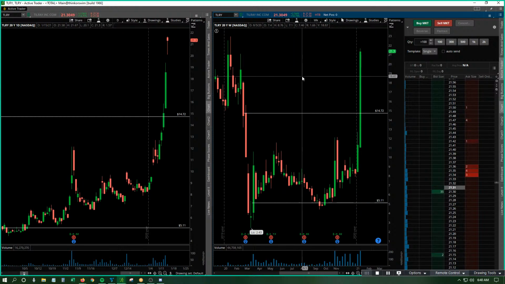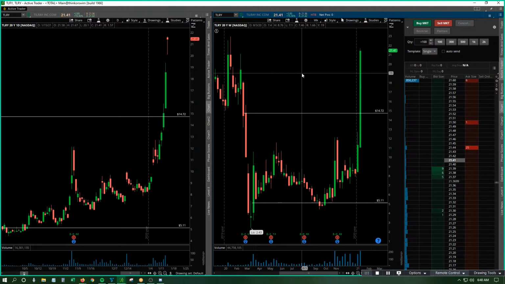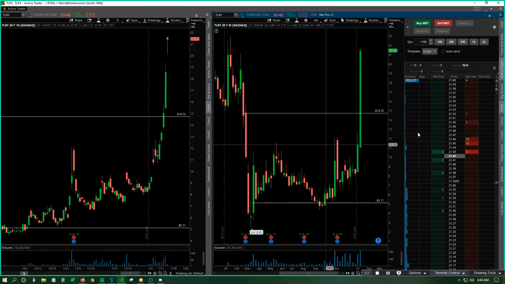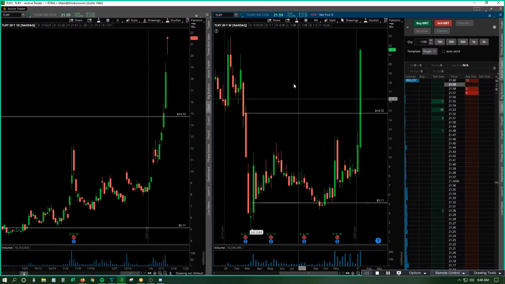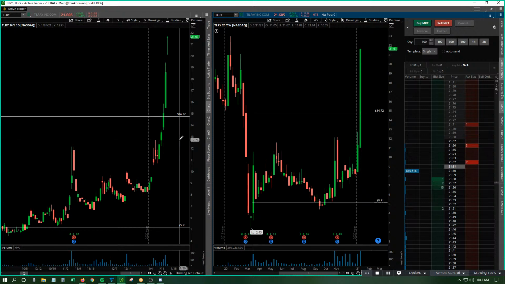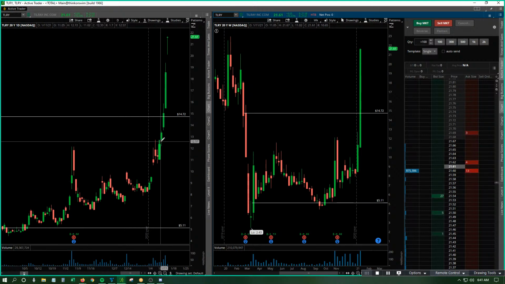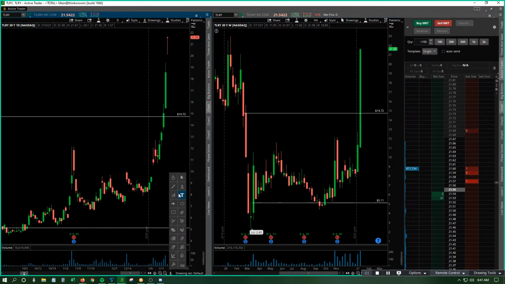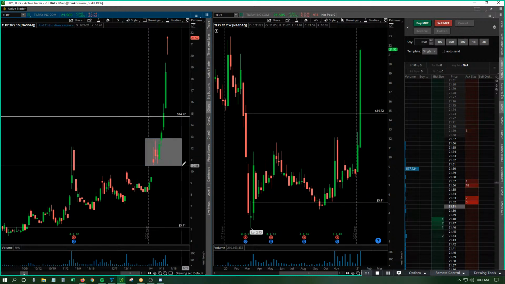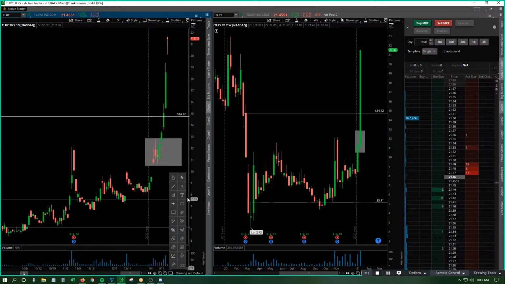We are not in any of these stocks. Definitely not buying it up here. Wait for a pullback. This 12 level looks pretty good, or there's a gap fill lower.